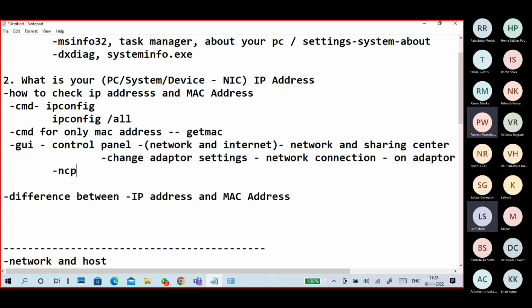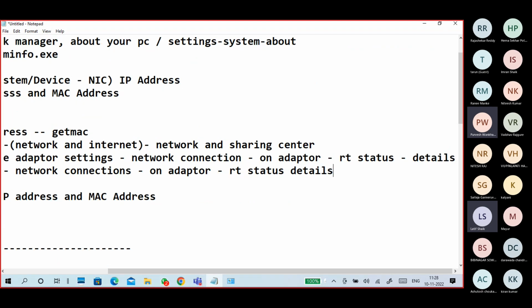Second, directly type ncpa.cpl in Run. So in that one, put ncpa.cpl, and Network Connections will open directly. On the adapter, right click, status, details. Of course, you can double click also.